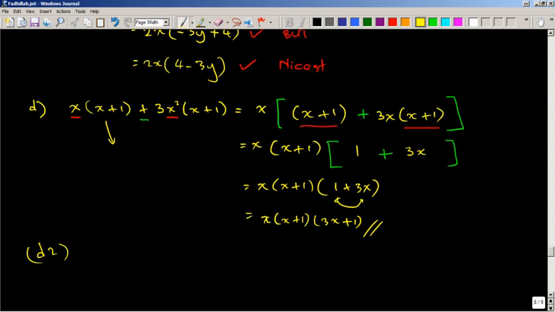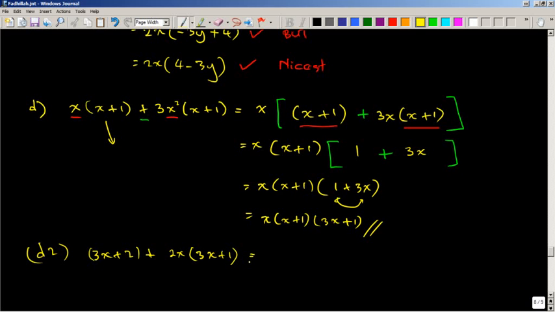Say, 3x plus 2, campur 2x, 3x plus 2. Okay, can you try to factorize this?